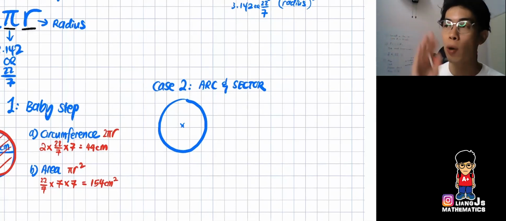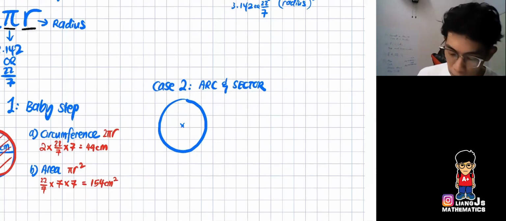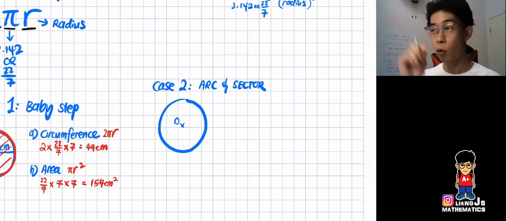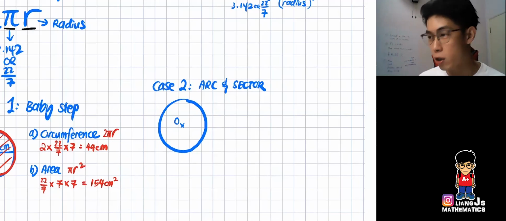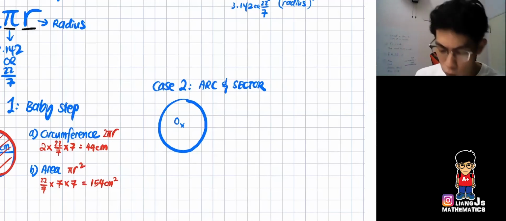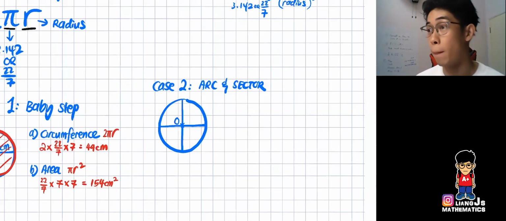In your question, whenever there is a center, automatically they will place an O there to indicate and to tell you that, hey everyone, that's the center. Now this question, I will be designing it this way. I say that, hey, I want to take this circle and separate it into 4 equal parts, everyone.